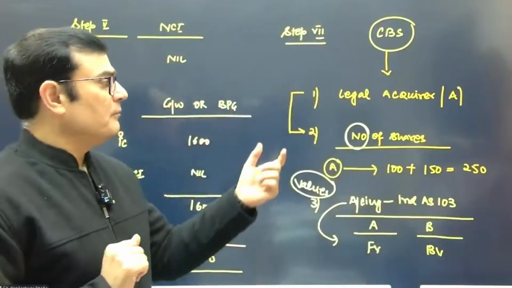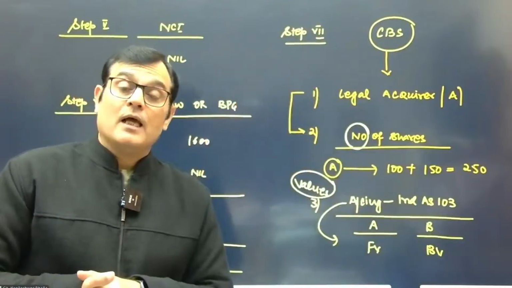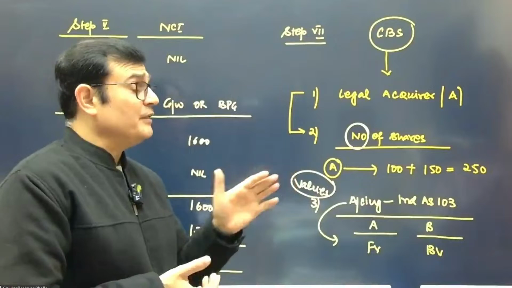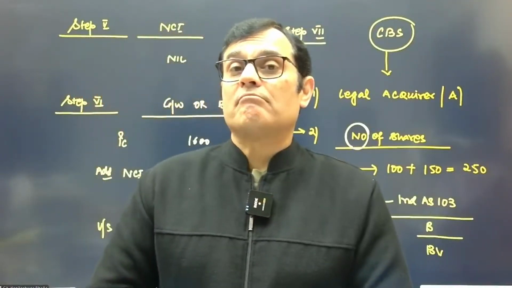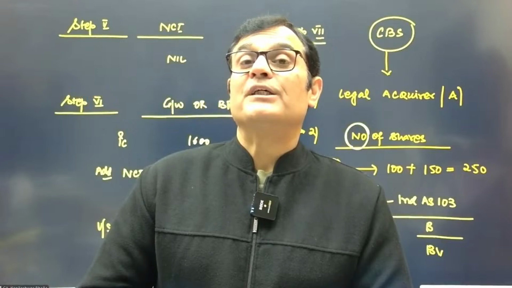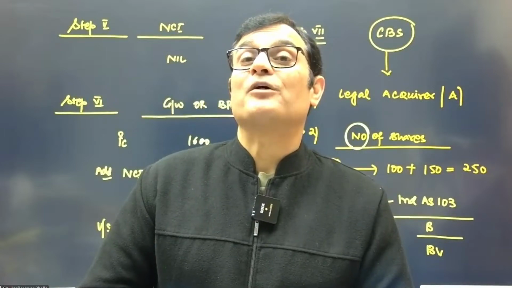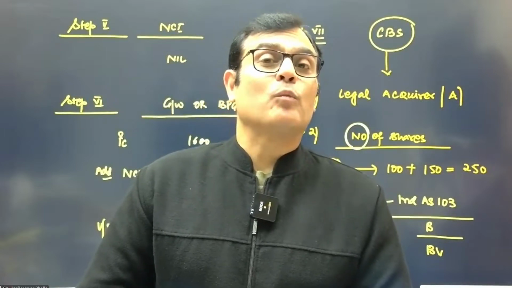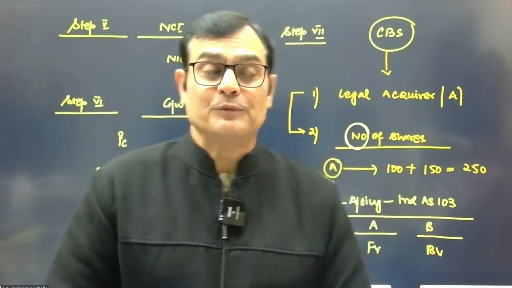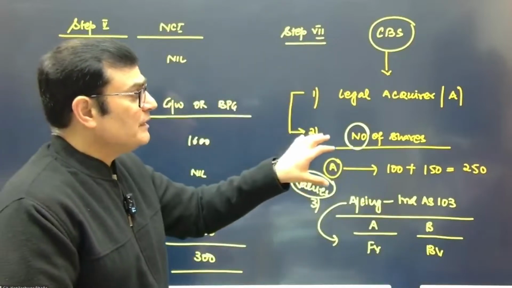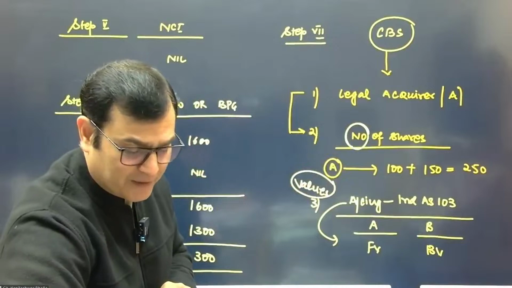Inner side means I'm looking at the number. Outer side means I'm looking at the values or the amounts in the outer column. So when you're looking at the number, you need to see it from the legal acquirer's point of view. When you look at the values, you look from the accounting acquirer's point of view. So number from the legal acquirer. So let's put it down.